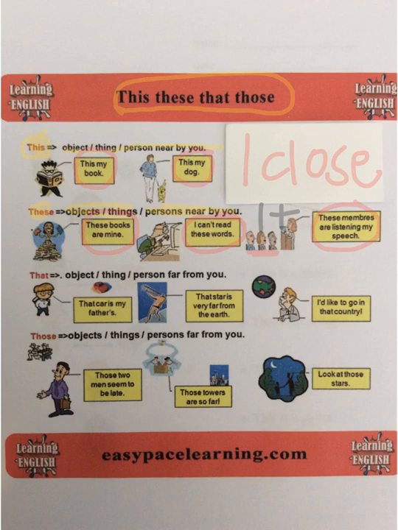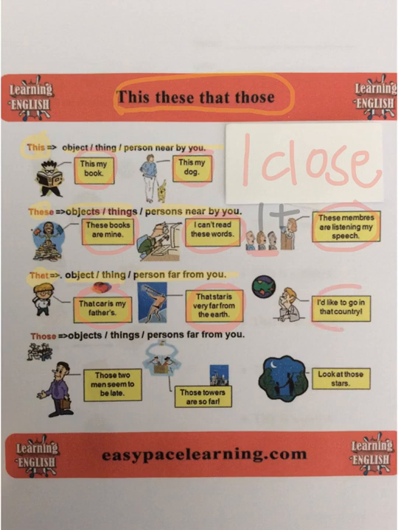Our next one is that, right here. That is an object or thing, or a person far from you. Okay, let's look at the example. We have, that car is my father's. That star is very far from Earth.